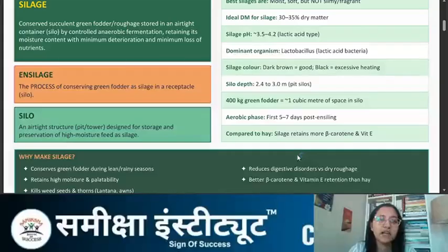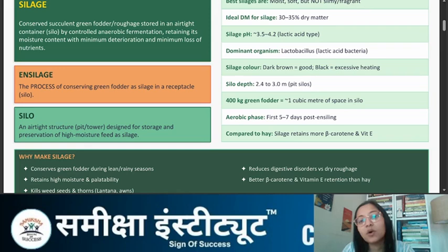Then silage. It is a conserved succulent green fodder or roughage which is stored in an airtight container. The airtight container here is called a silo. Silos are the places wherein the silage is made. As I mentioned, controlled anaerobic fermentation takes place and its moisture content is basically retained, and it remains like a green fodder.